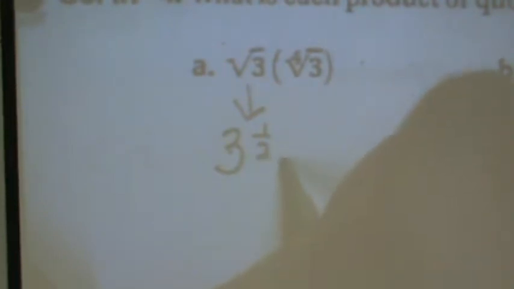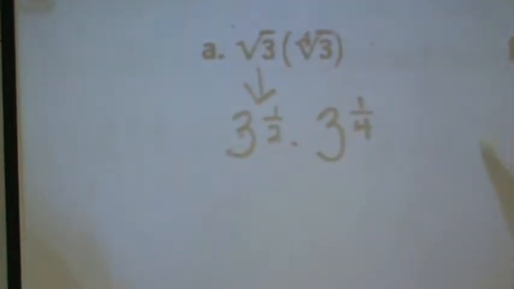So you're going to treat this as 3 to the 1/2 power, and you're going to treat this as 3 to the what power? 1/4, right? Now, when bases are the same and you're multiplying, what does the property tell you to do? Add the exponents.